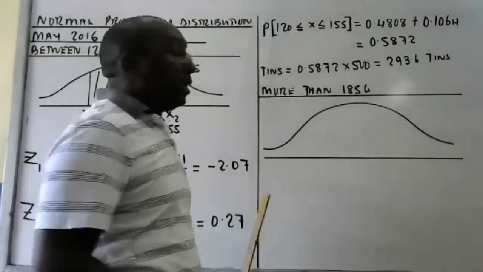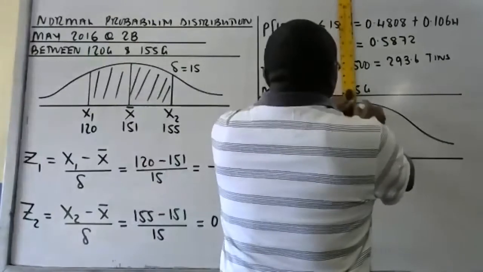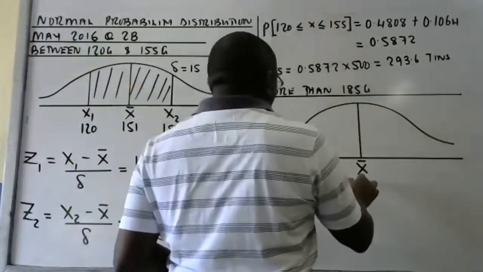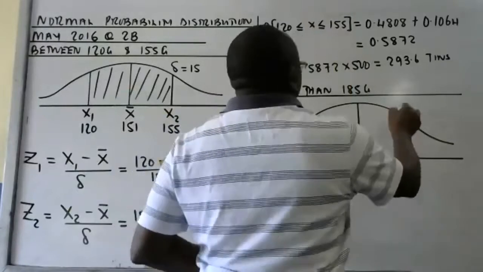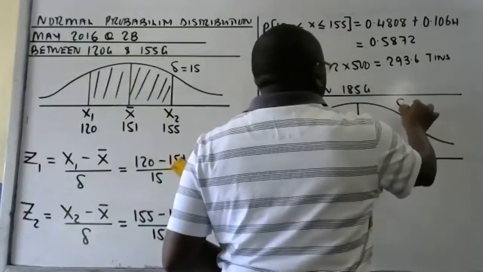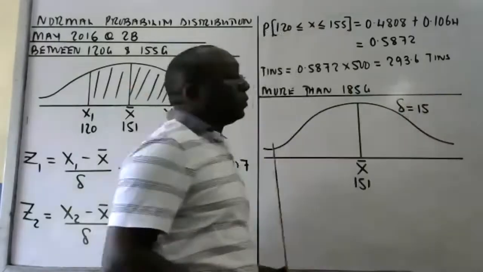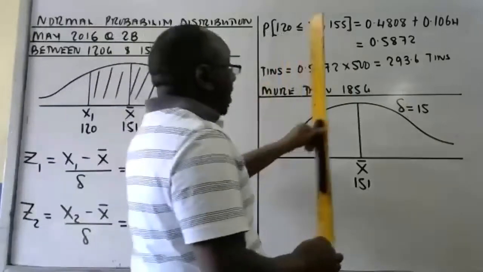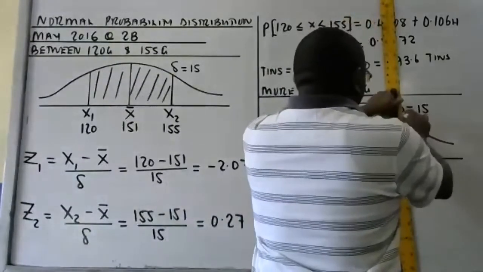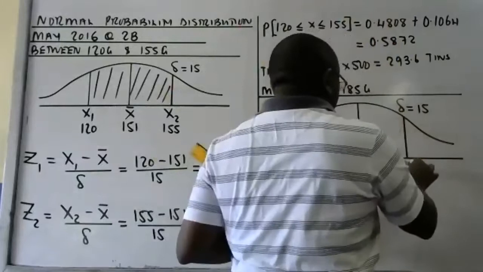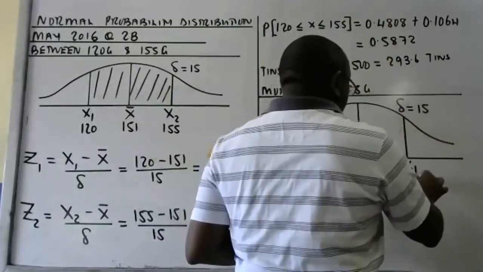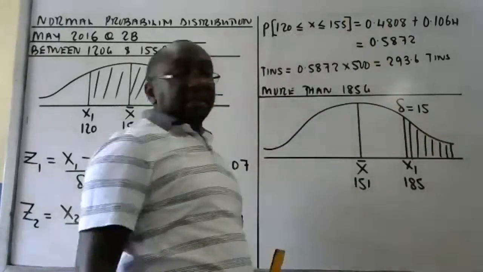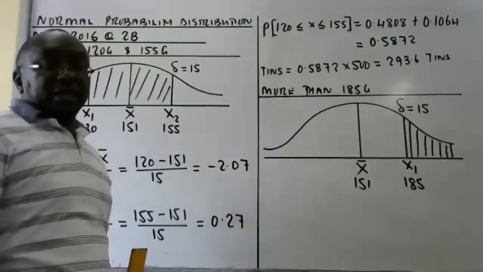That way. And we always begin with the mean X bar 151. Standard deviation here is 15. So if you are told more than 185, you come here and mark X1, 185 this way. So that is the area that we want, greater than.